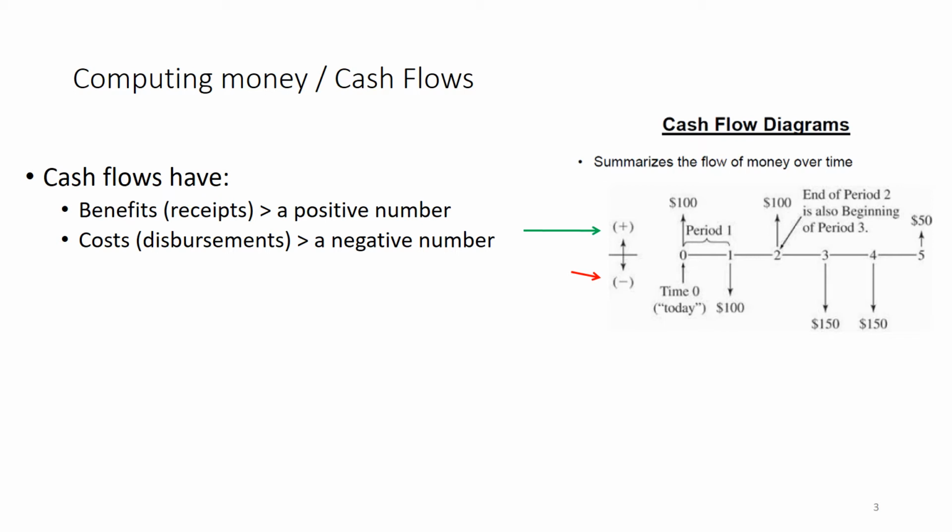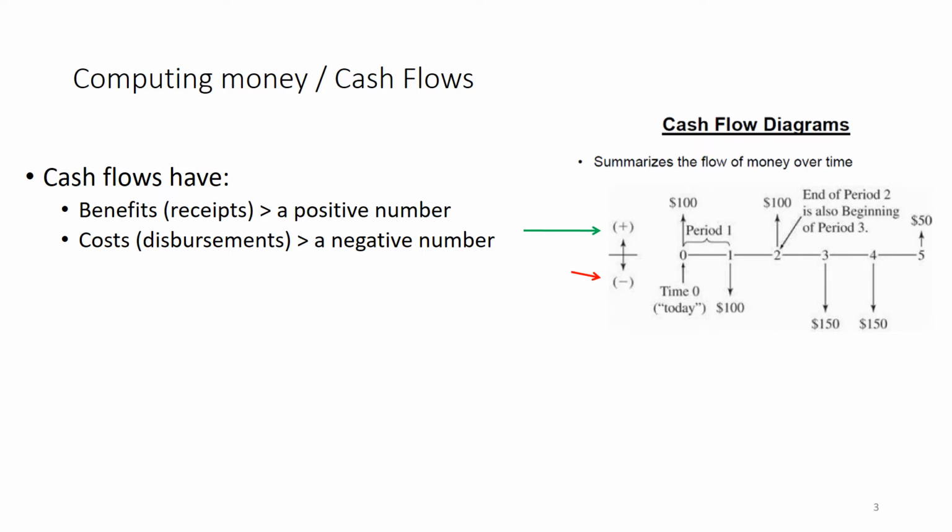So if we summarize the flow of our money over time, we will see that either we use our money, a negative number, or we gain money, a positive number, from year zero to a period of 1 year, up until probably 5 years.